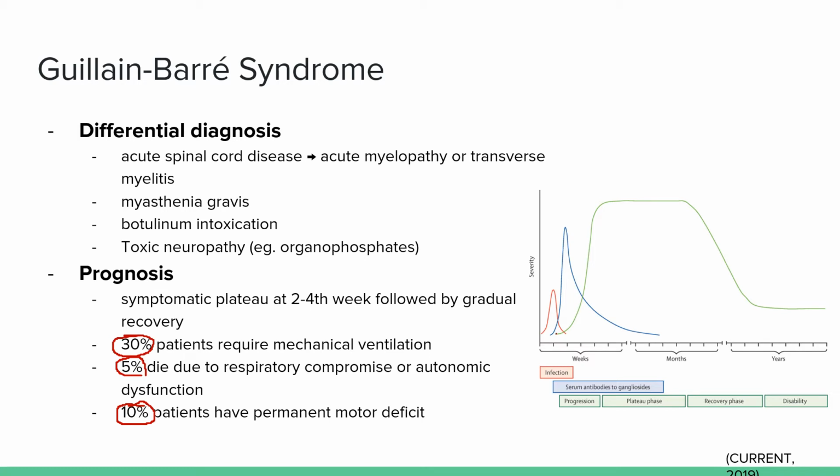In this graphic, we can see the clinical course of the disease. It has an acute onset, a plateau over 2 to 4 weeks, and then there is gradual recovery.